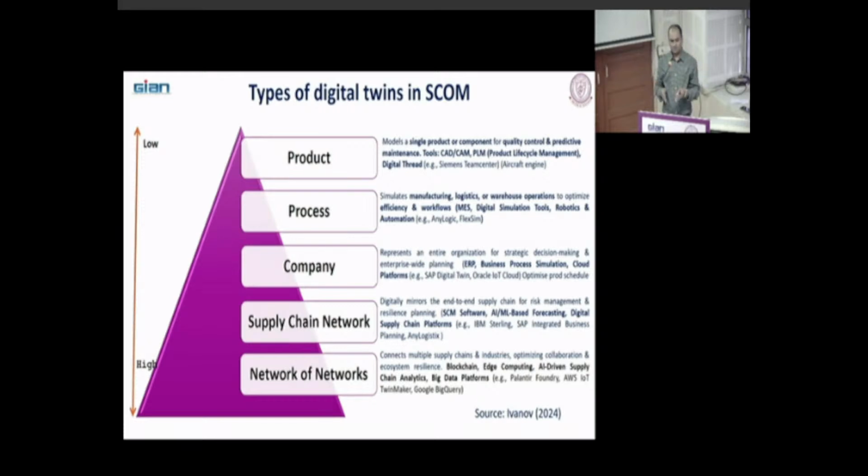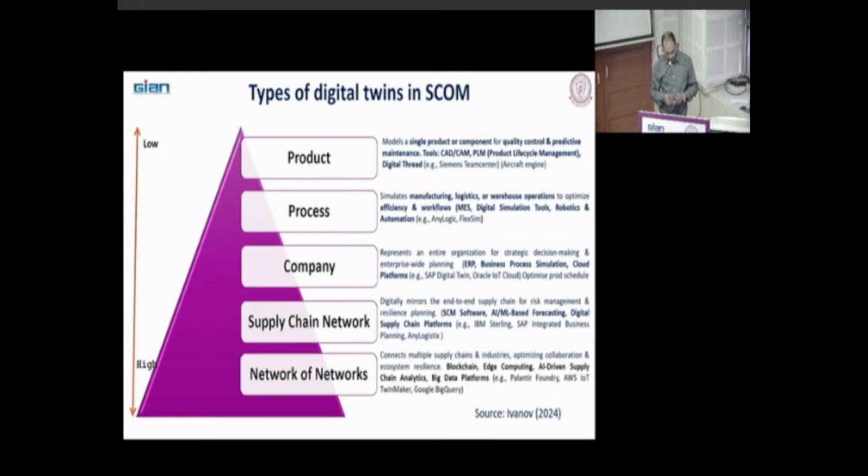Or suppose you have a parent company and another company, and you want to jointly optimize the network of these companies. You can do that in the network of networks digital twin. It connects multiple supply chains and industries, optimizing collaboration and ecosystem resilience. Blockchain, edge computing, AWS IoT TwinMaker, Google BigQuery are some of the tools available if you want to model this network of networks.